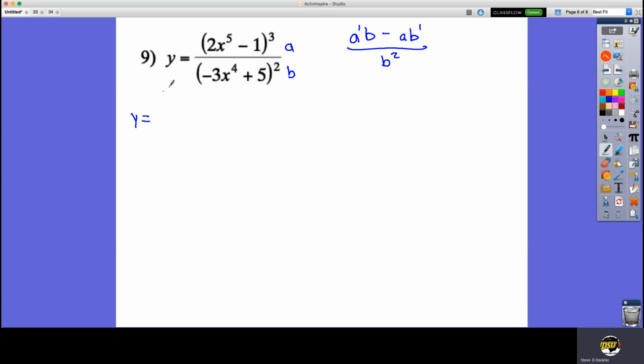So y equals, we're going to take the derivative of the top times the bottom minus the top times the derivative of the bottom.